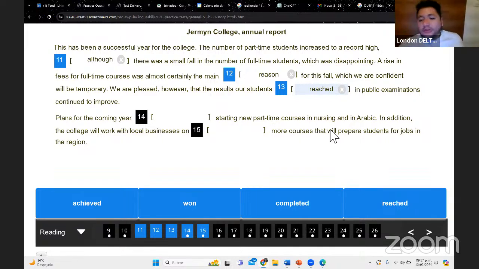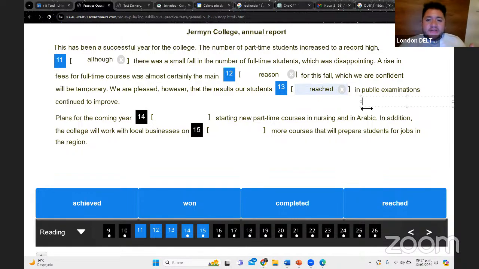Okay, so now let's see. Why not reach? Okay, reach could work in case we had like something to reach. You know, when you reach, for example, try to think something literal. You reach a shelf, no necesitas alcanzar una repisa. So we have something to reach. Hay algo que alcanzar. In this case, we're talking about the results, right?